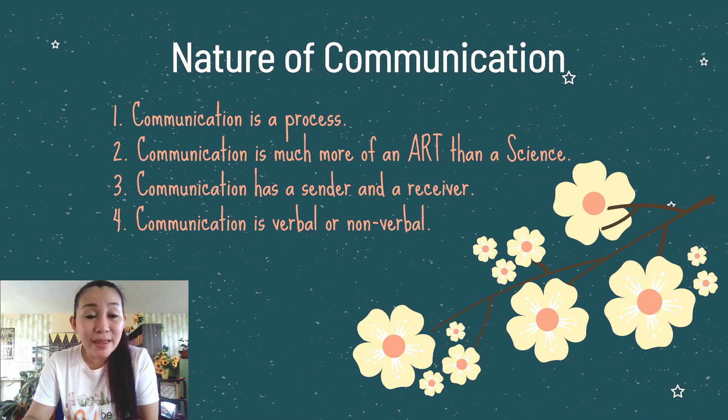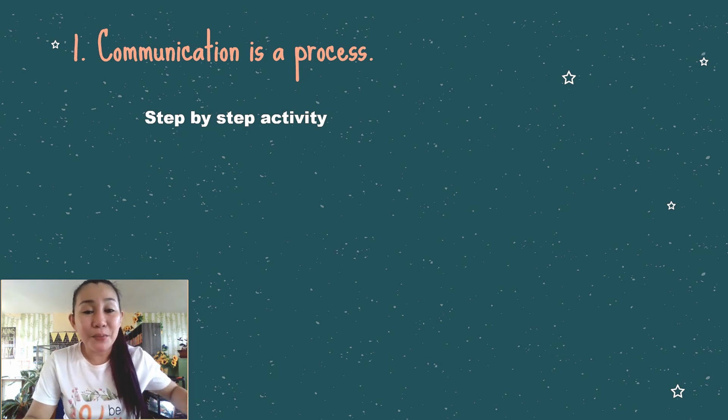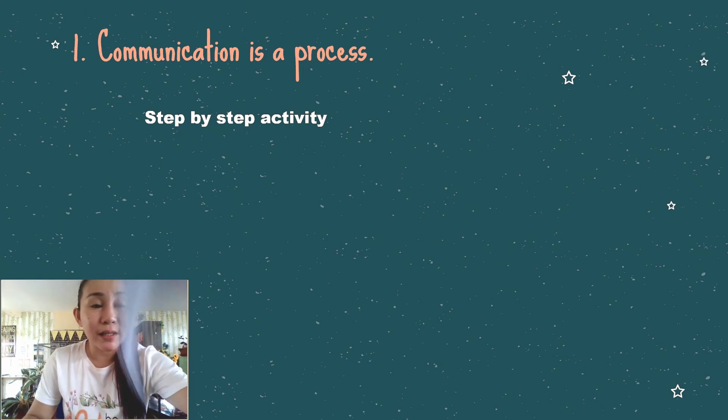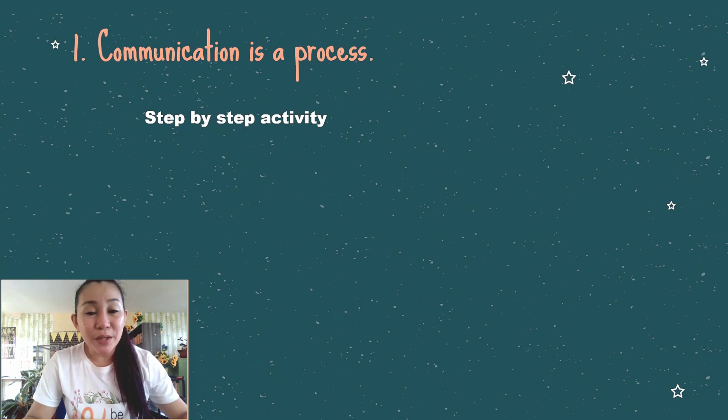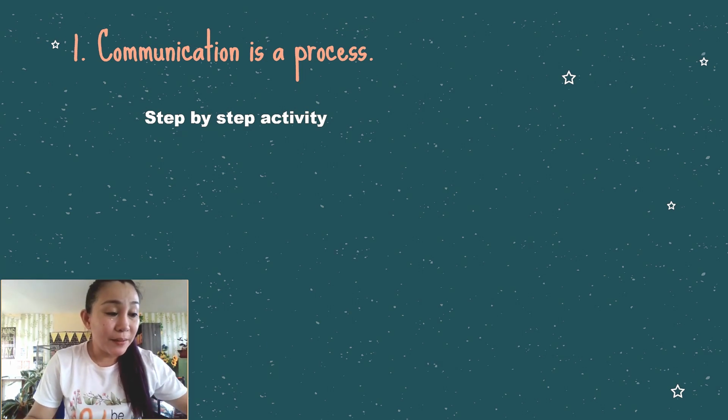Let's start with number 1. Communication is a process. What do you think is the reason why communication is a process? Number 1, it is because communication is a step-by-step activity. Okay?